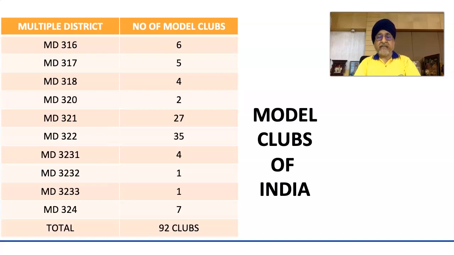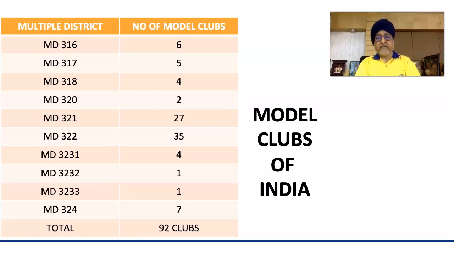We have to make them understand how simple it is, how they can do it by just contributing a small amount over a period of 6 years. They can become a model club and will be recognized at different levels, not only with the awards, but also in the publications of the Lion and on the website of LCIF, and the names of model clubs are displayed on the main stage at the time of the international convention.